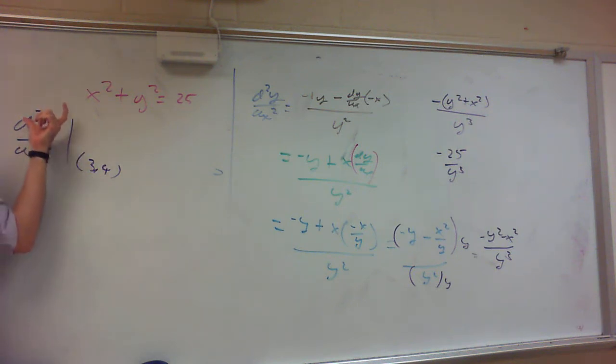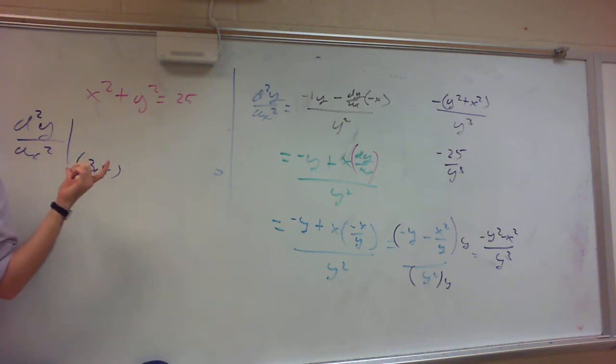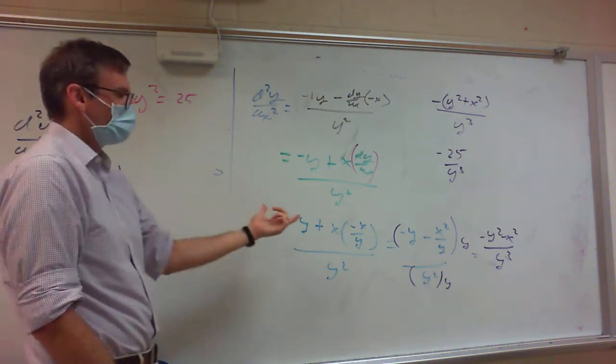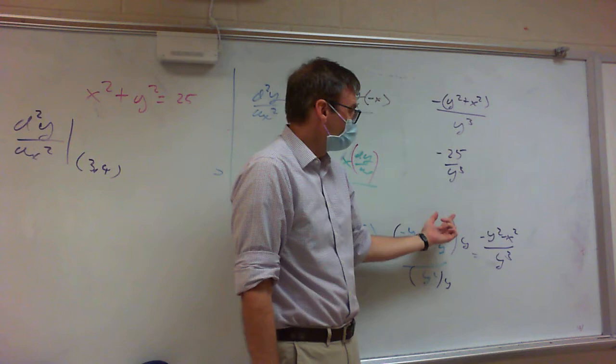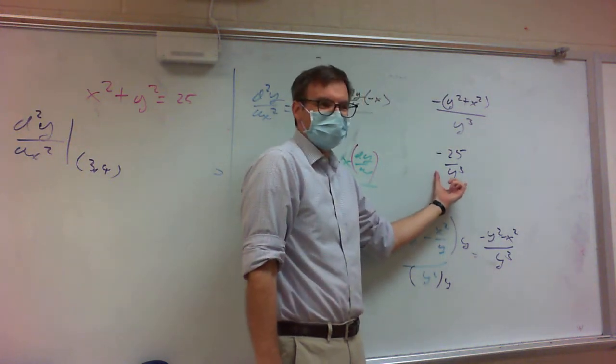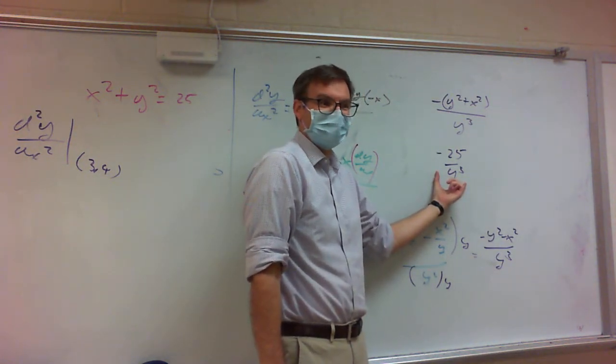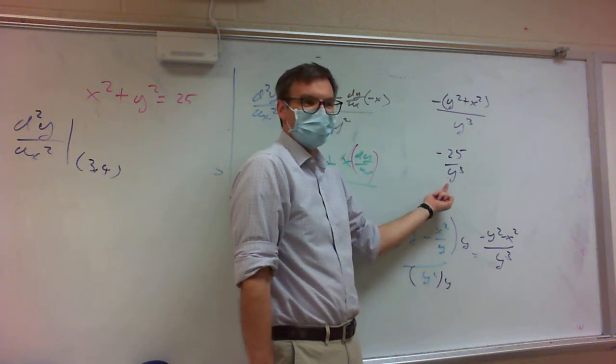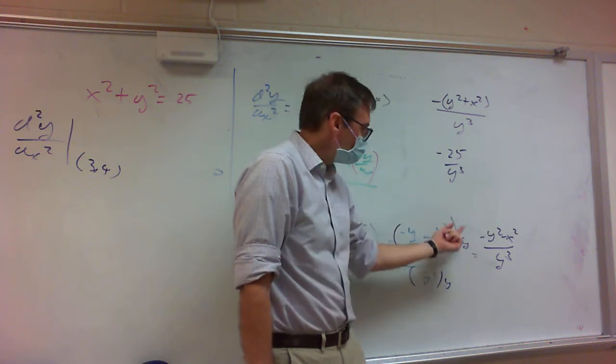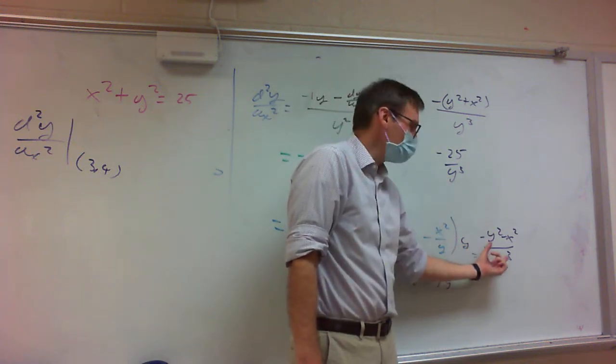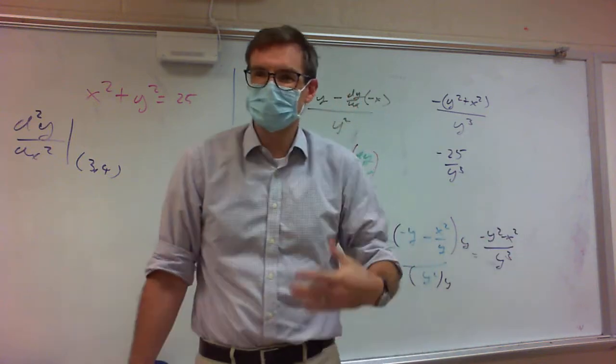So that means you actually have to take the second derivative and then plug in. But the benefit of simplifying it here is it's real easy. You just have to plug in the y value. Had you stopped here, you have to plug the x and the y and make sure you got the signs right.